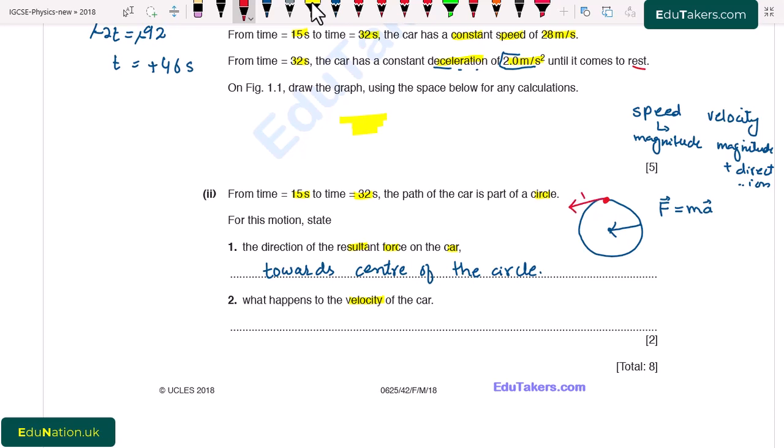This shows the direction of velocity. So I write here, velocity is continuously changing its direction.